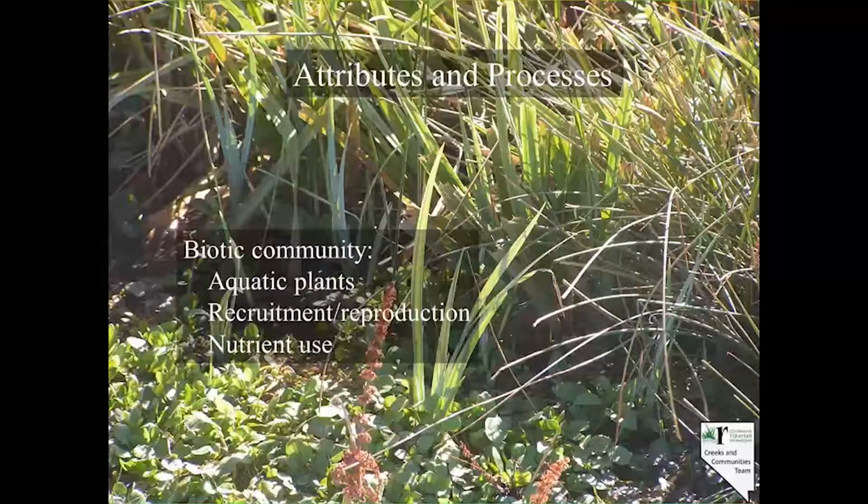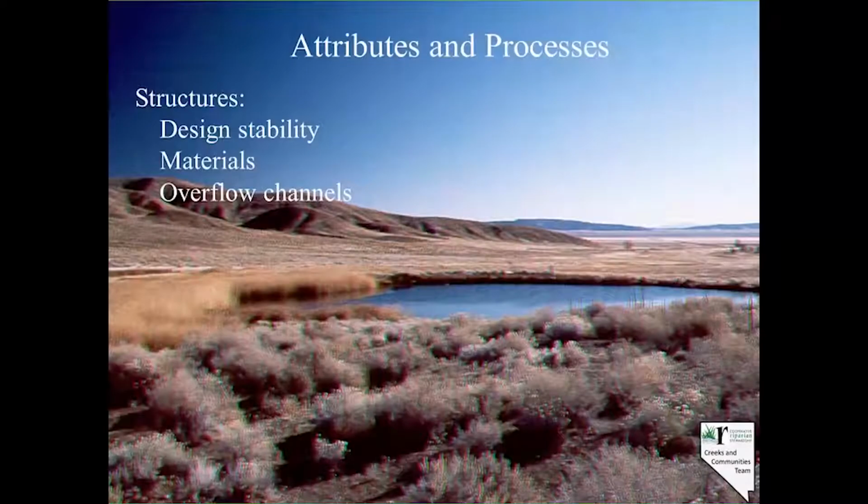And then structures. Again, this is something we don't look at as much with lotic sites, because by the time we get structures in there, we're considering an altered site. But some of our wetlands may occur because of structures put in by humans. So here's an example of an impoundment, likely for stock water, but on the one edge of that, you see what's probably a cattail marsh or a hard-stem bulrush or something like that growing in there.